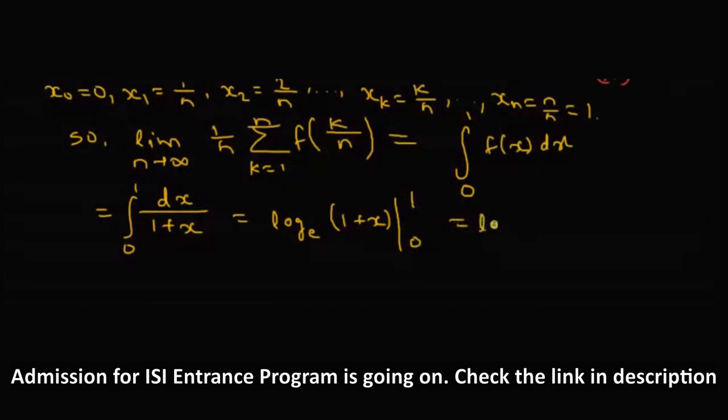This is equal to log 2 base e minus log 1 base e, and we know log 1 base e is 0. So this is our answer.